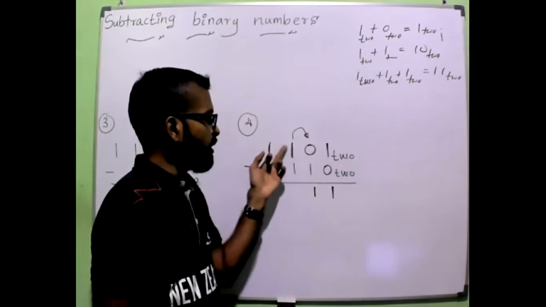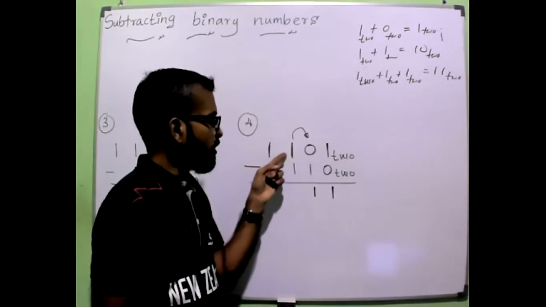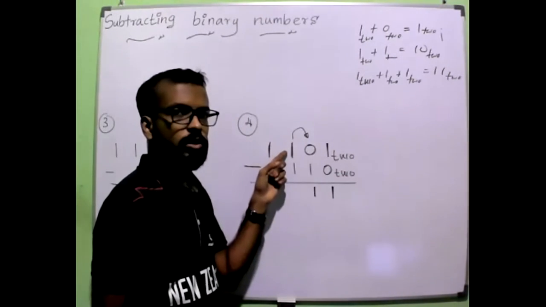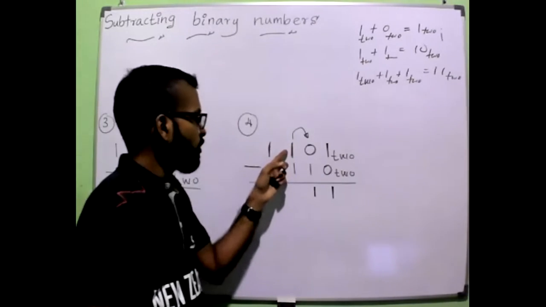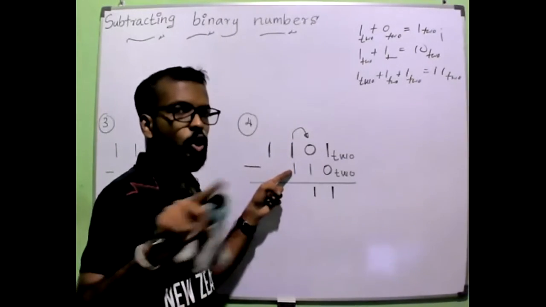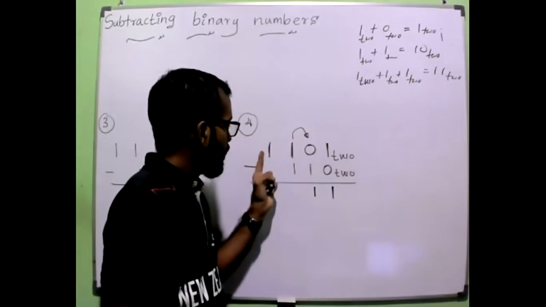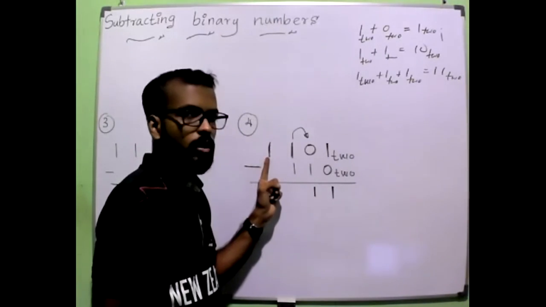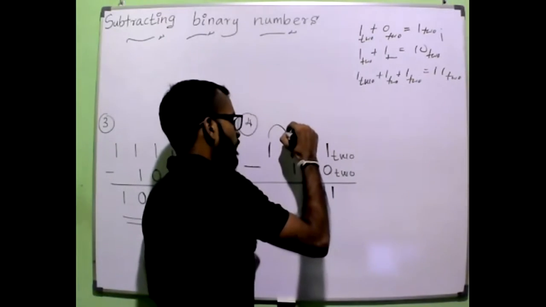Now, what is the remaining number here? 1 or 0? The remaining number is 0. Here you have 0. 0 minus 1. Can you do that? No. Again, on this side you have 1. Take that 1 to this side.